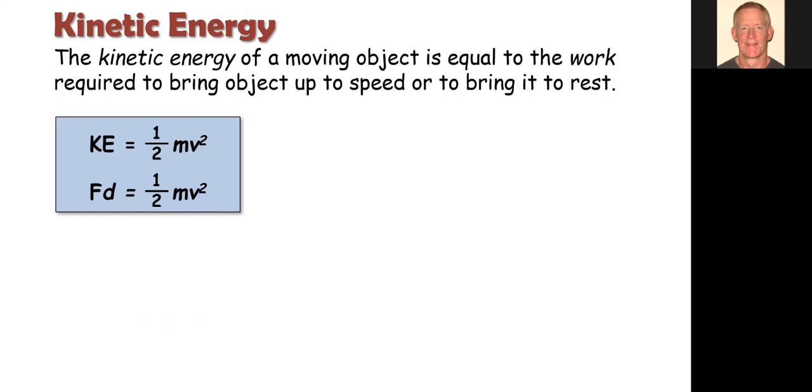So we can actually say that, yes, we calculate kinetic energy as 1/2 mv squared, but we can also replace kinetic energy, or the change in kinetic energy, with our formula for work, force times distance equals 1/2 mv squared. So how does the kinetic energy change if we double the speed? Let's just play around with these formulas a little bit here.